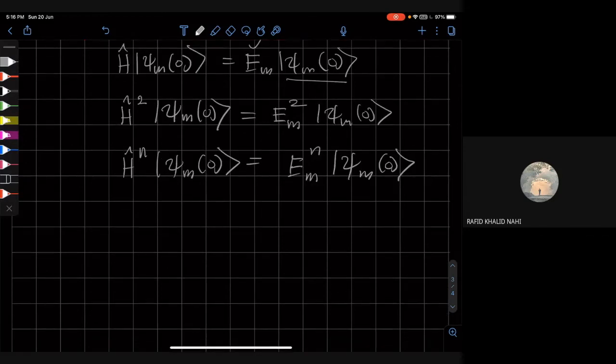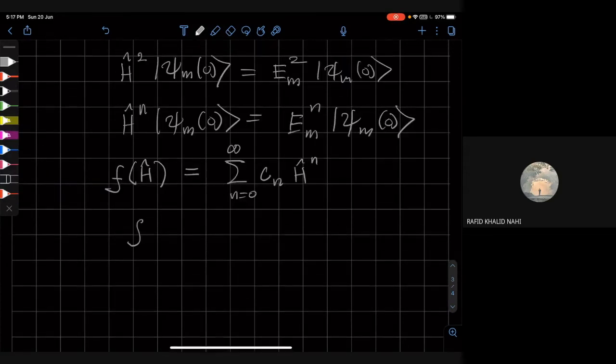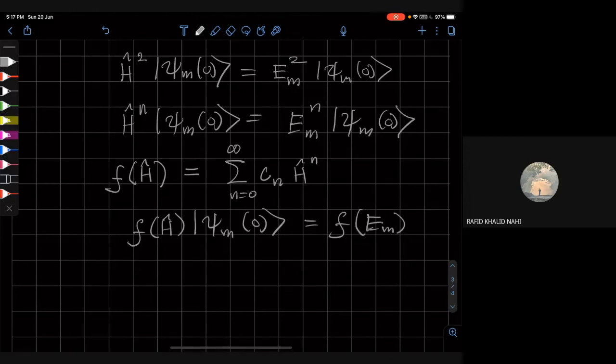So if I have some function of H, which is, say, a positive power series, so n goes from 0 to infinity, and we have some coefficient, say C_n, and H to the power n, then if I apply f of H on psi_m(0), the H just gets replaced by E in the function, right?